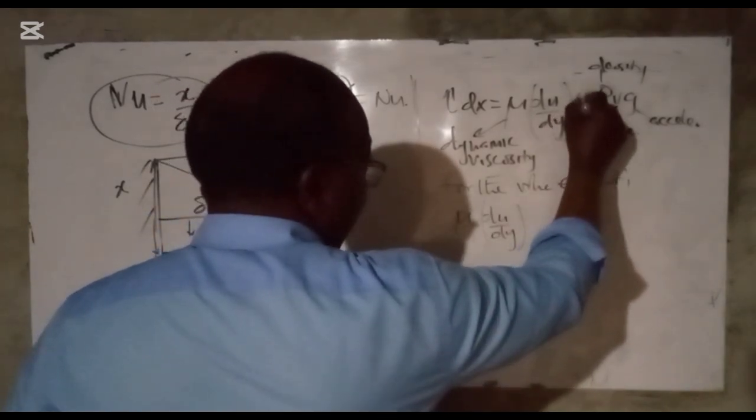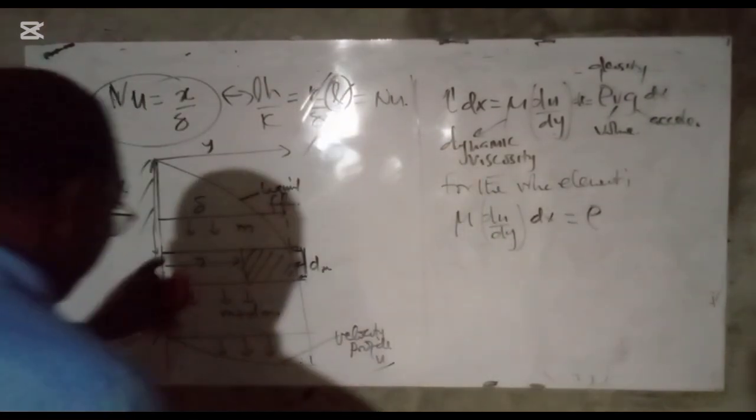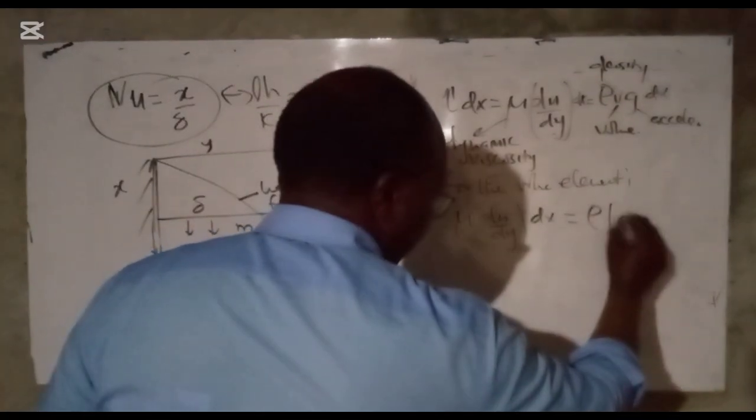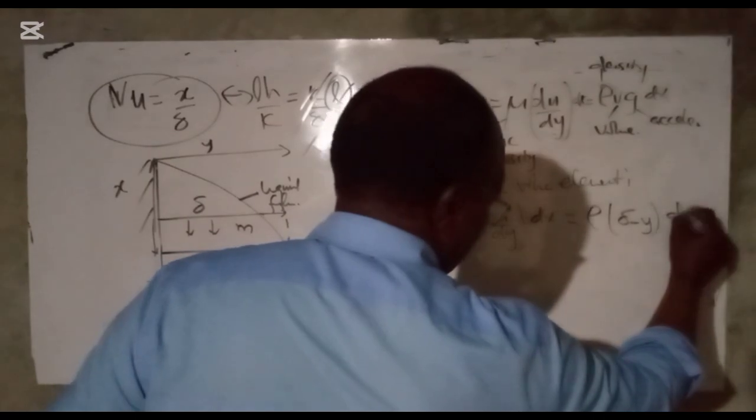We have forgotten dx here, and we have forgotten dx there. Dy dx is rho. That length there is sigma minus y dx.